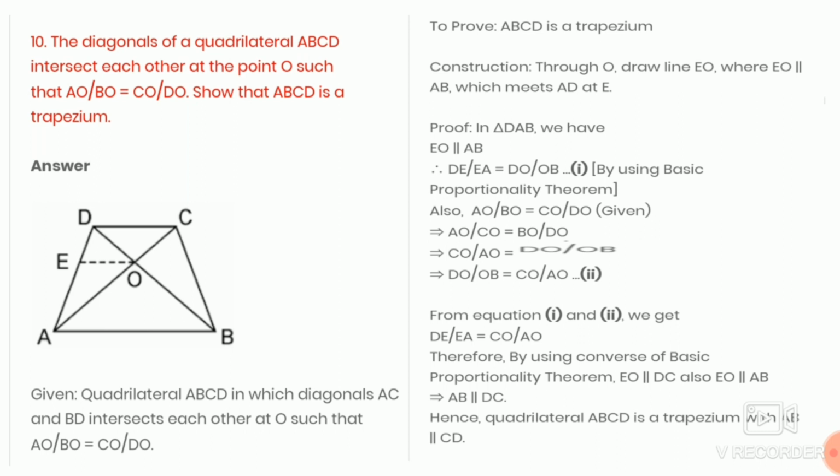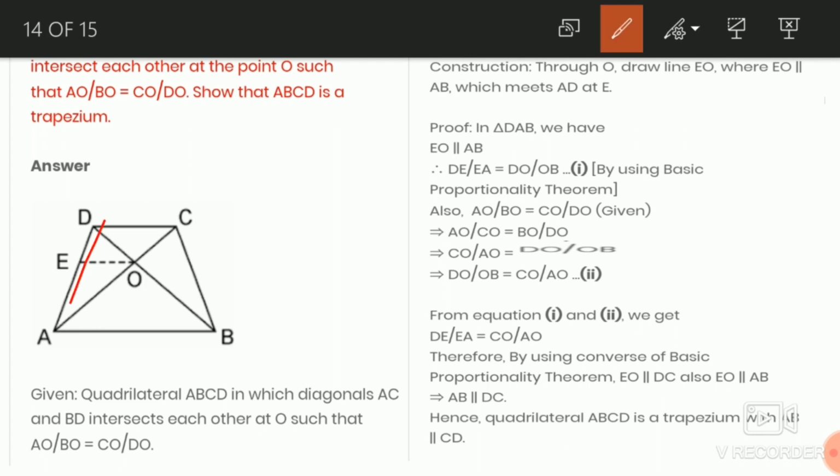So, for that, let us again construct EO for this question. After constructing, in this particular triangle DAB, we can write that EO is parallel to AB.